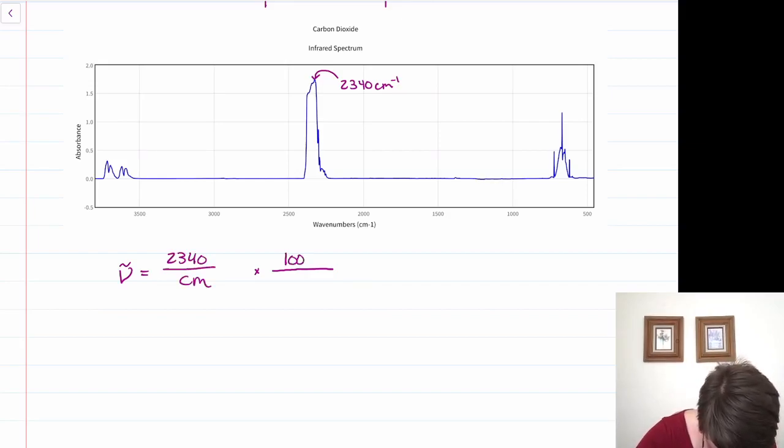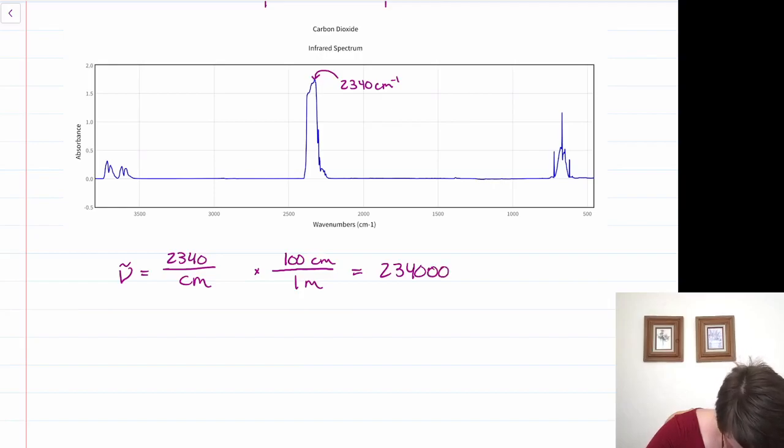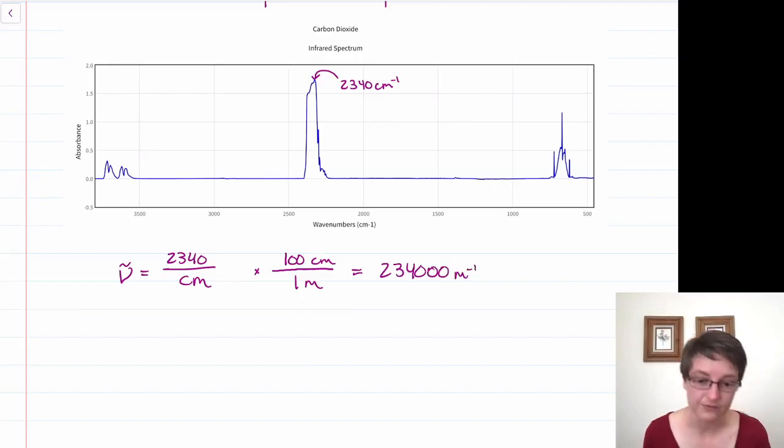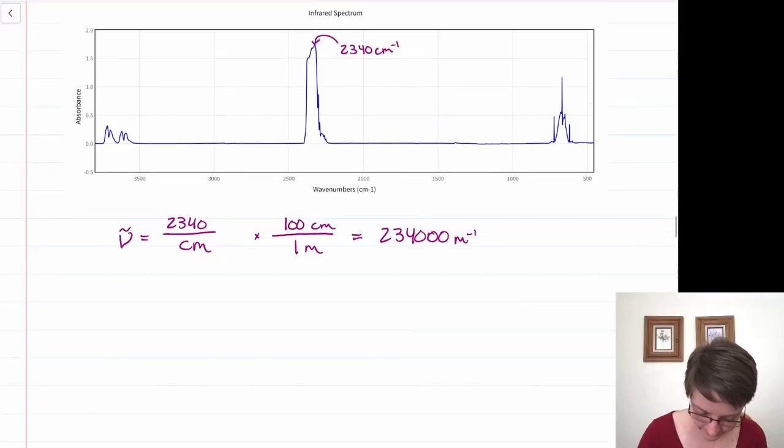Since there are 100 centimeters per 1 meter, that tells us that we have 234,000 inverse meters for our wave number.